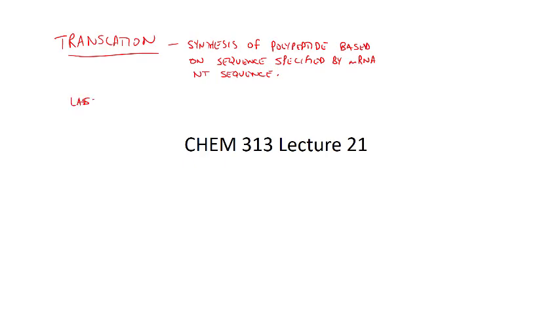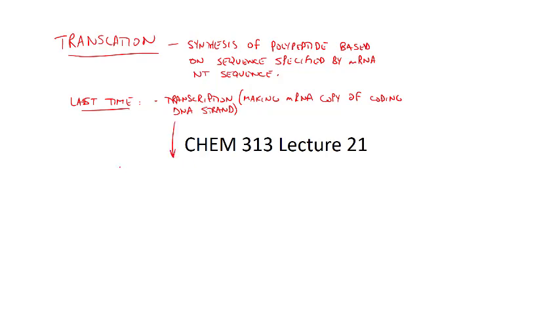So you'll recall that in the last lecture, we talked about transcription, which is the process of making an mRNA copy of the coding strand of DNA. And we said that transcription ends up giving us an mRNA molecule which has a certain sequence of nucleotides.